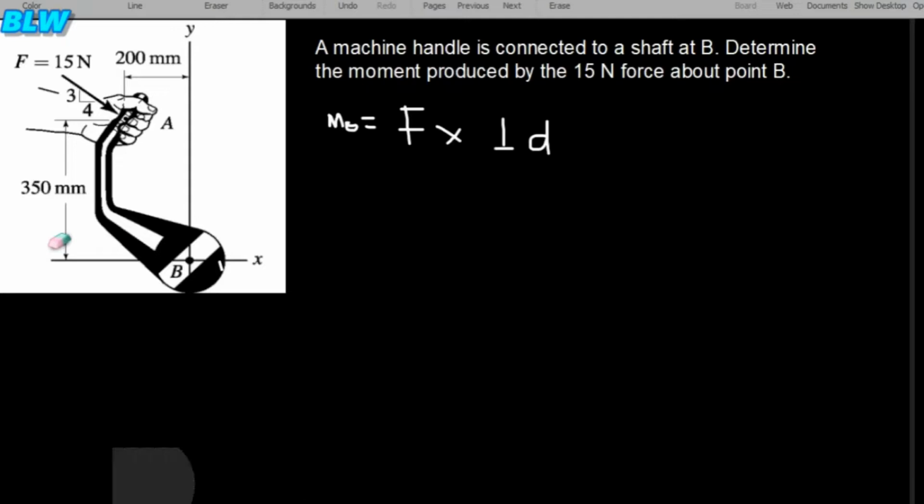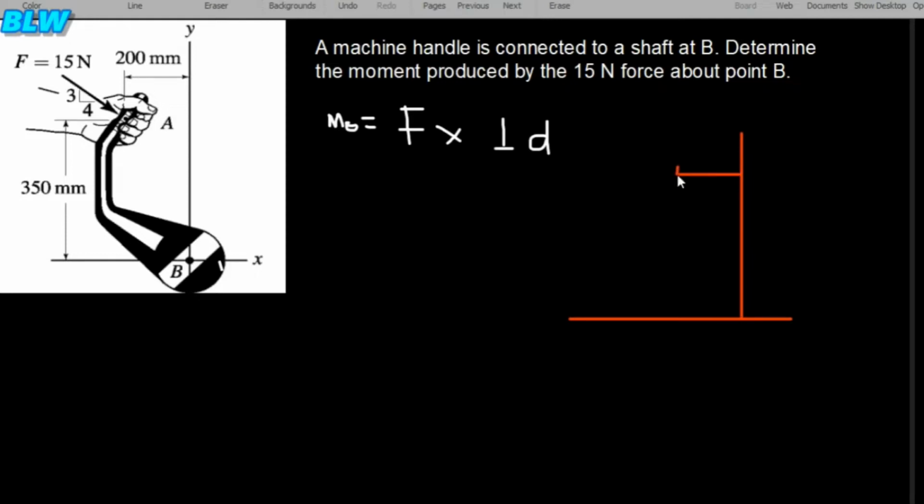Let me redraw the system. Let's say I have this to be my x. I have this here, and then I know this distance here, and I know this distance also. Let's say this is the force.